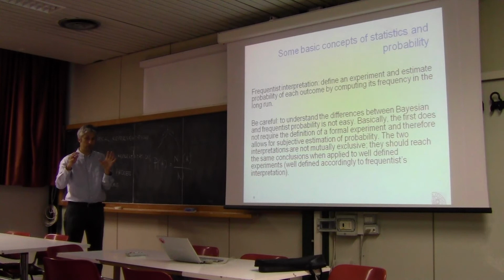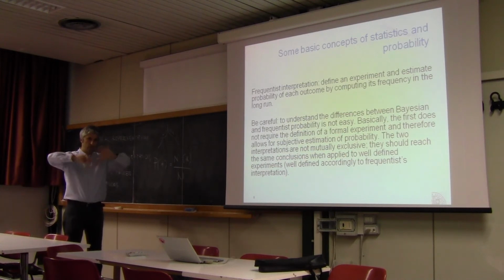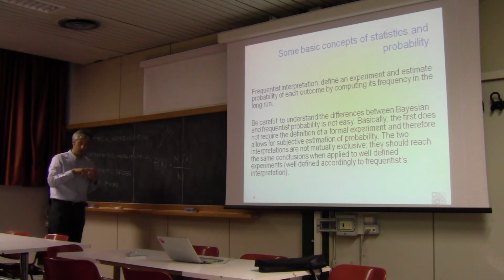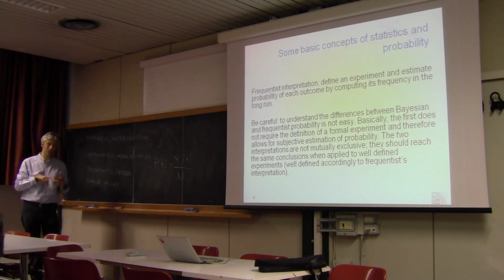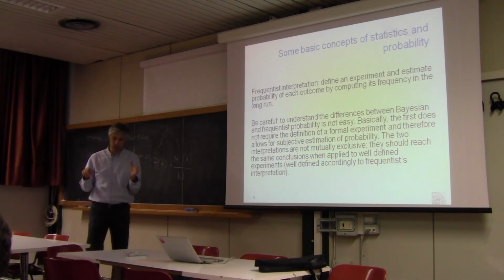The river flow is not just two outcomes, like flow or no flow. No, there are infinite outcomes, because the river flow is a real number. So the first problem is, how can I identify the probability when I have an infinite number of possible outcomes?